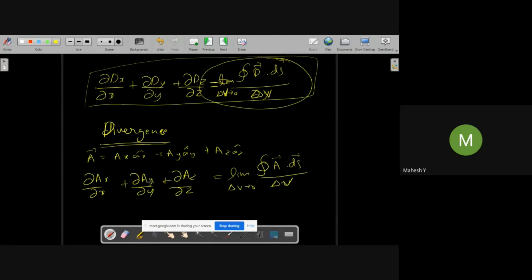Can you define in words what is divergence? This part is the definition. This A dot dS is flux, Δv is volume, and we have a condition limit Δv tends to 0. So just note down the definition of divergence.